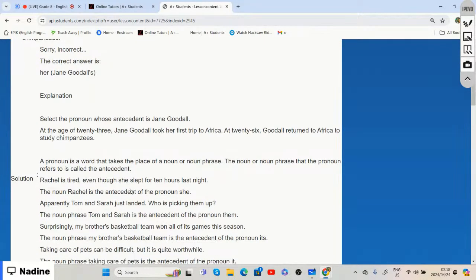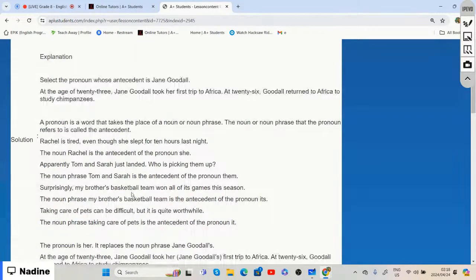A pronoun is a word that takes the place of a noun or a noun phrase. The noun or noun phrase that the pronoun refers to is called an antecedent.